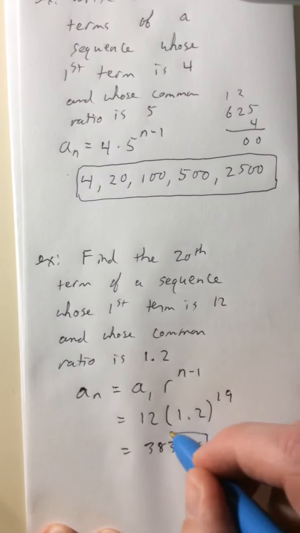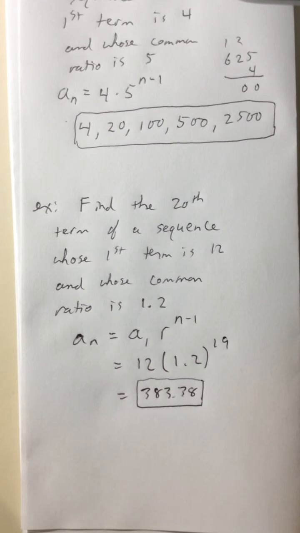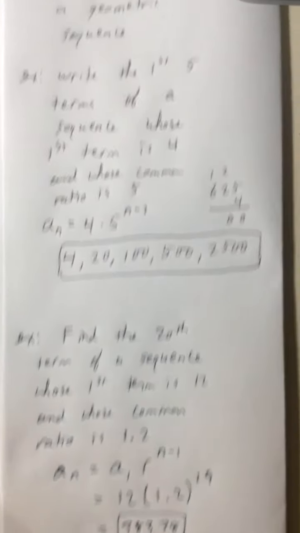There's not a repeating sequence of numbers after the decimal point, so I just rounded it. Just plugging the numbers into the formula.